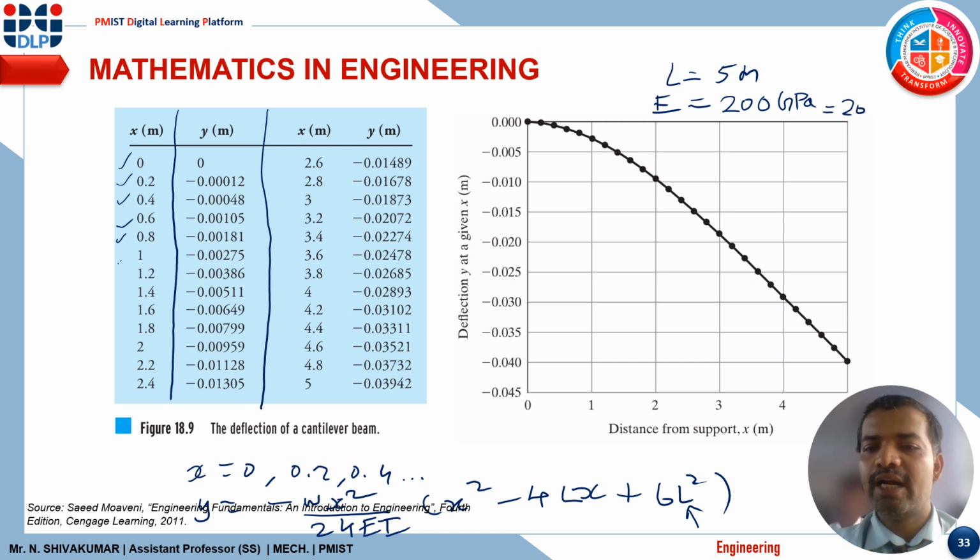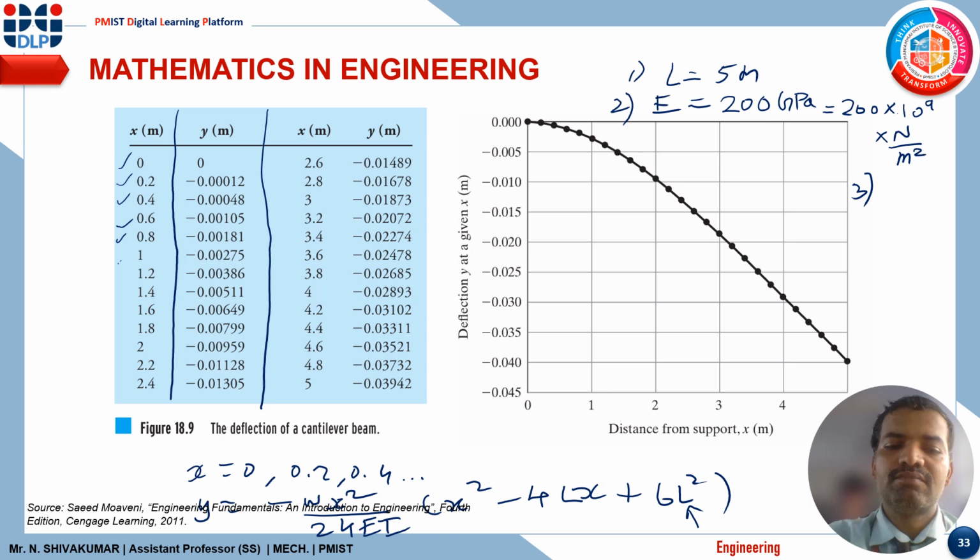Correspondingly, 200 into what is giga? Giga means 10 power 9 into 1 Pascal equal to 1 Newton per meter square. Okay. So this is second value, given value.